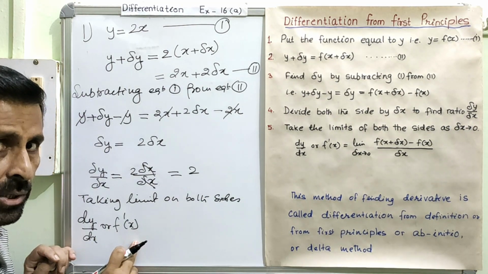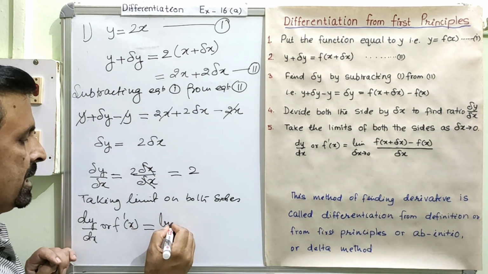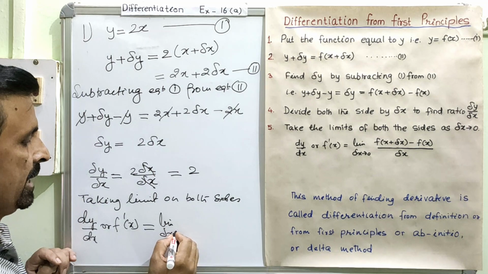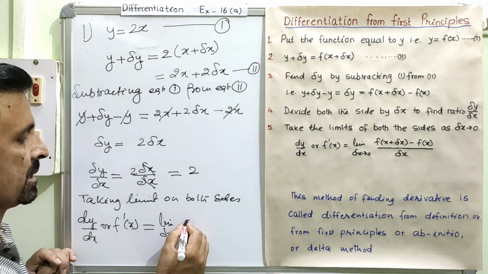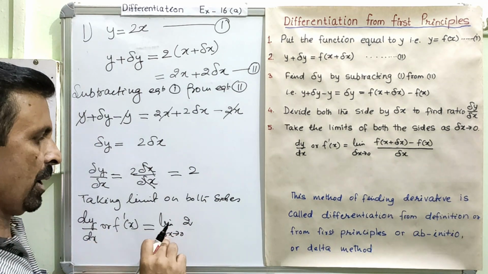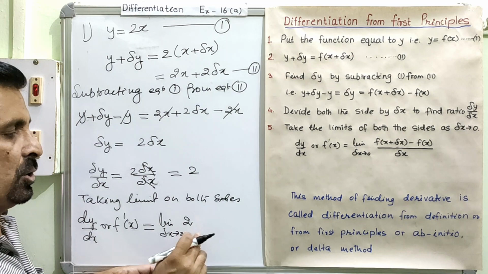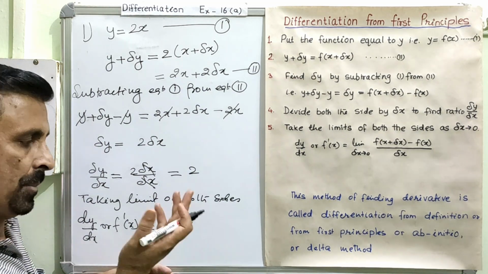Am I understood? And then right hand side, we are going to take the limit delta x tending to 0, and what is left is to be written here. Is this okay? Now in the final step, you have to take the value of delta x as equal to 0. So that means wherever you find delta x, you have to put the value as equal to 0.